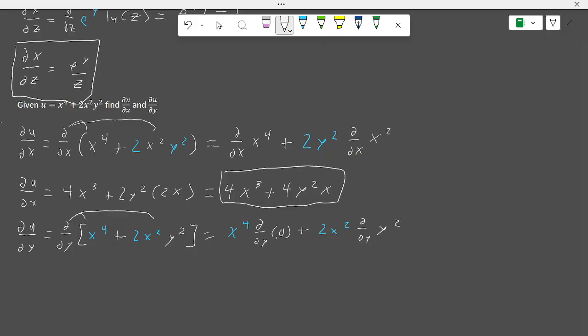So this term will go to 0, and 0 times x to the fourth is 0, so this whole term will disappear. And this term, it's fairly simple to take the derivative of y squared, so what we would be left with is the partial derivative of the equation u with respect to y is equal to 2x squared times 2y, which is equal to 4x squared y.